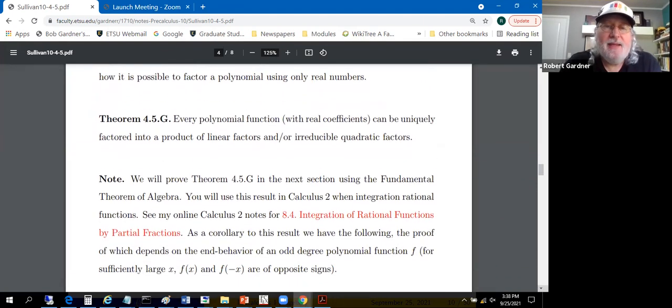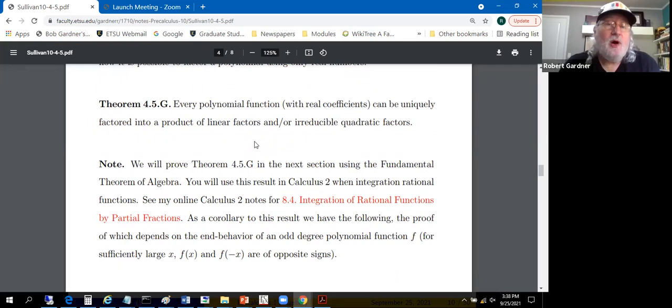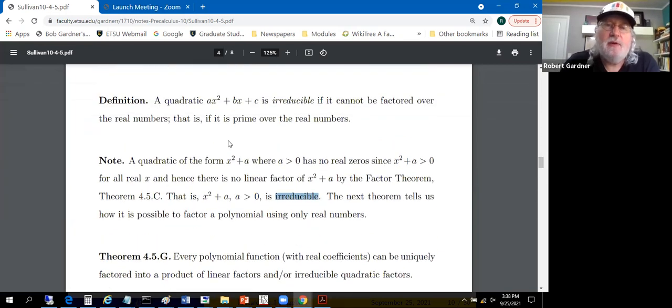Okay. Here's how irreducible quadratics and linear terms fit together if you restrict yourself to real numbers. It says every polynomial function with real coefficients can be uniquely factored into a product of linear factors, things of the form ax plus b, and/or irreducible quadratic factors, things of the form stated up here, ax squared plus bx plus c.